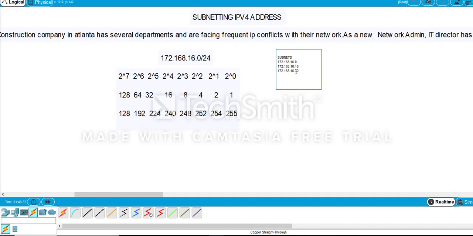Our third one is going to be 32 plus 16, so it's going to be in the range of 172.168.16.48. And the next is 172.168.16.64.